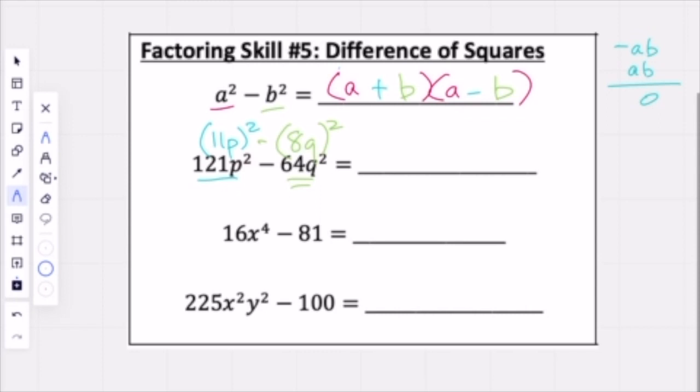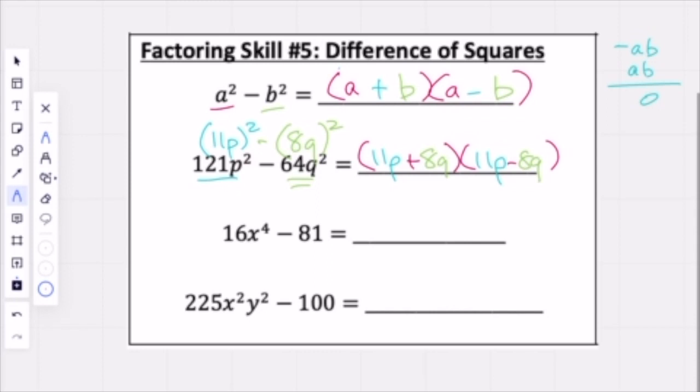Okay, so let's go ahead and open up that set of parentheses. That 11p goes in front of both, and the 8q goes in the back of both. And then what do we put in the middle of both terms to separate them? One's going to be a plus, one's going to be a minus, and that would be completely factored.